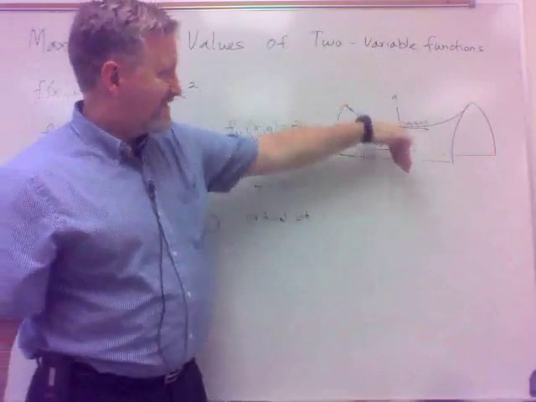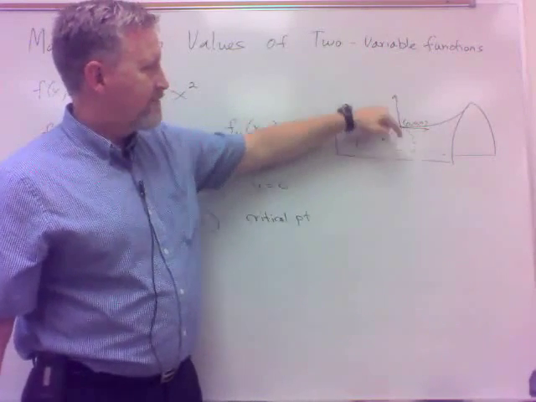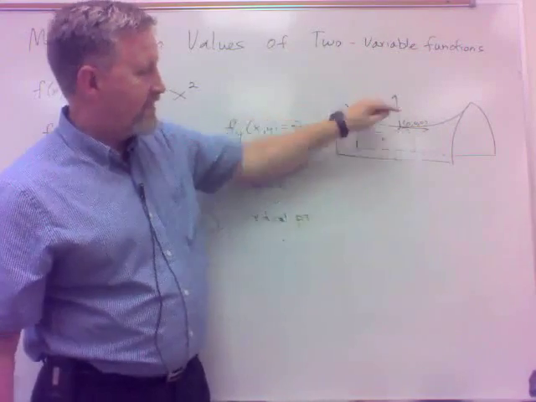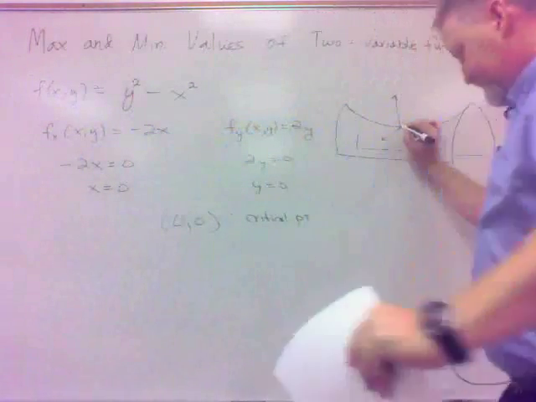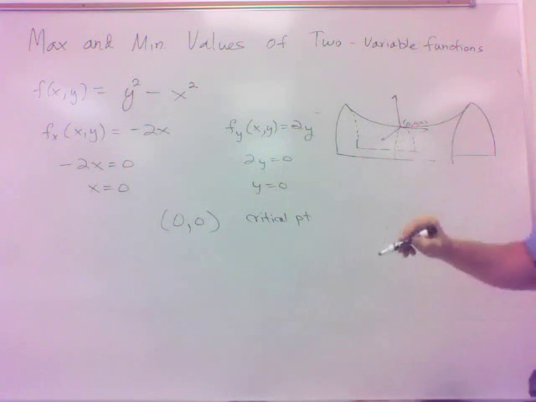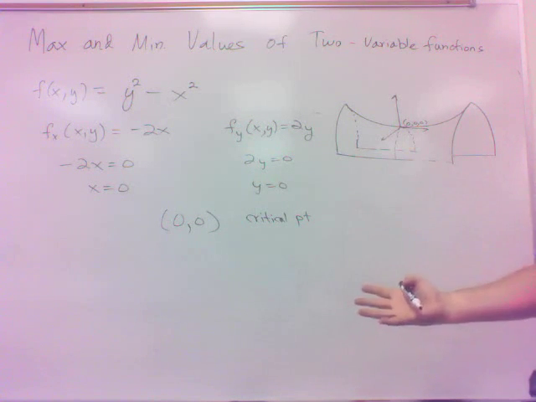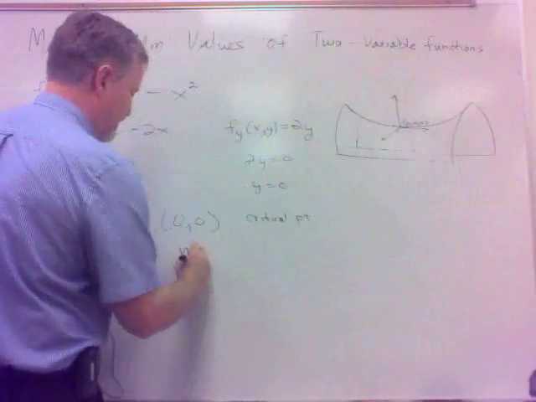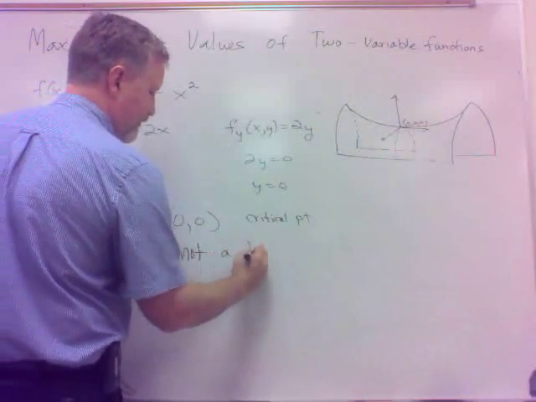In the other direction, it's kind of a minimum, but there are points lower than it if you go out this way. So it's kind of a maximum this way, but there are points going along here that are higher. And then it's kind of a maximum in this way, but there are points higher. So there's points lower and points higher than that point. So it's not a relative max or min, or local max or min.